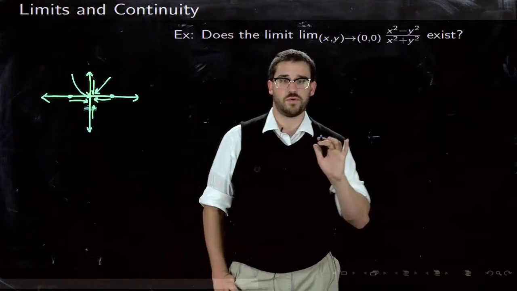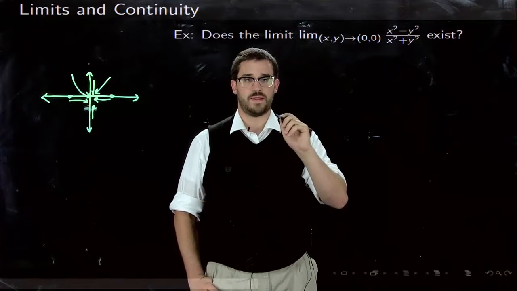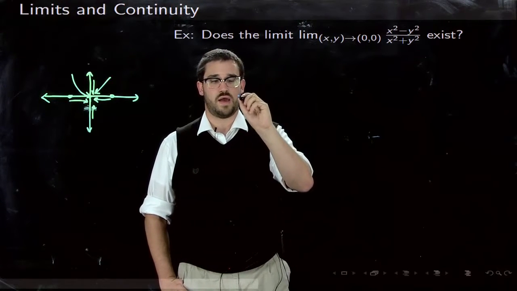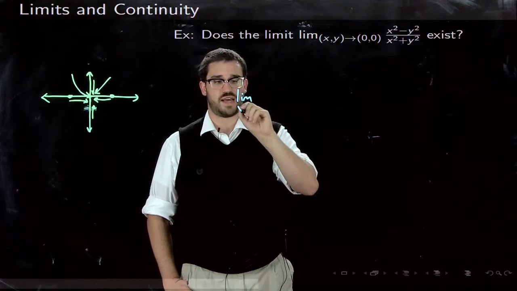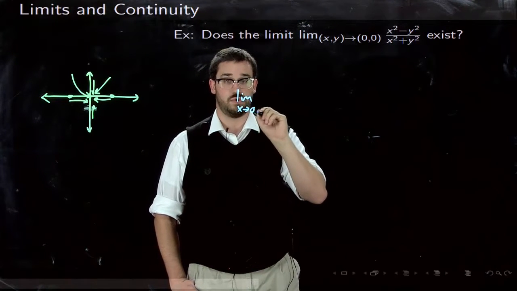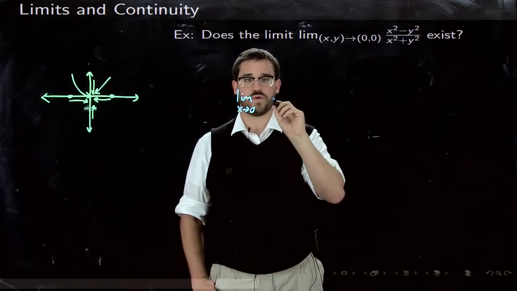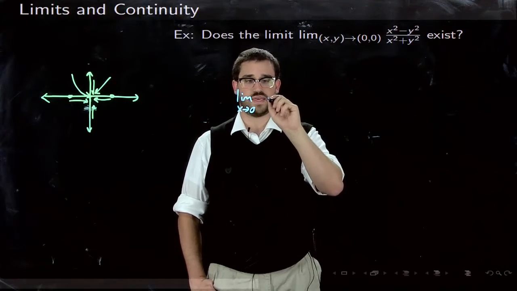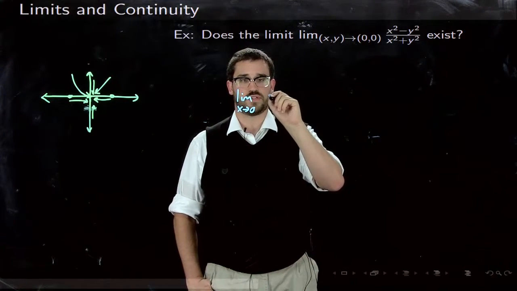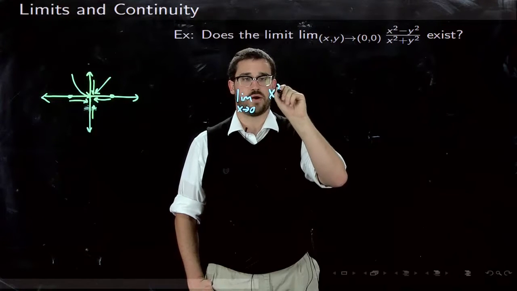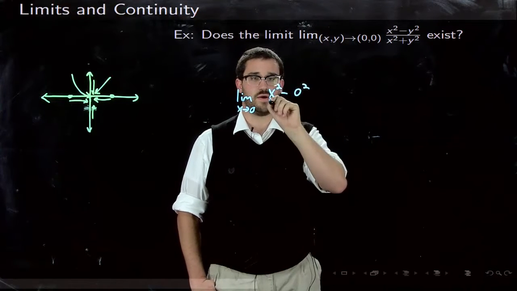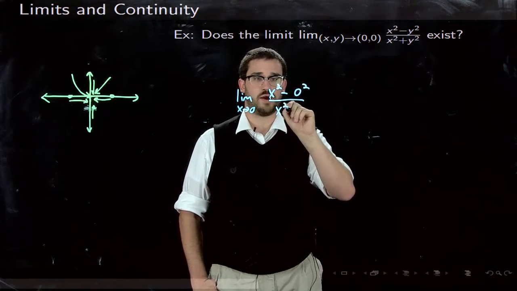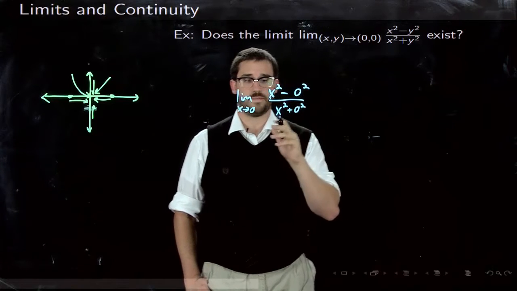So if I start with this limit, and I start with the limit as x approaches 0, and I already have y equaling 0, so I have x squared minus 0 squared over x squared plus 0 squared.